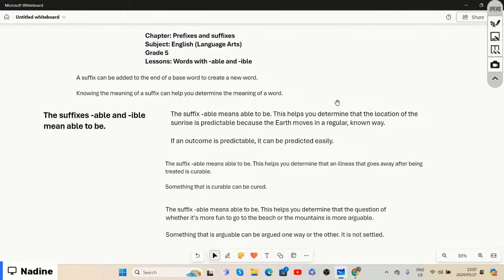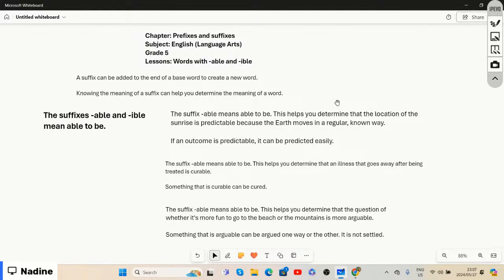A suffix can be added to the end of a base word to create a new word. You have your base word, which is a word that can stand on its own when you create sentences.